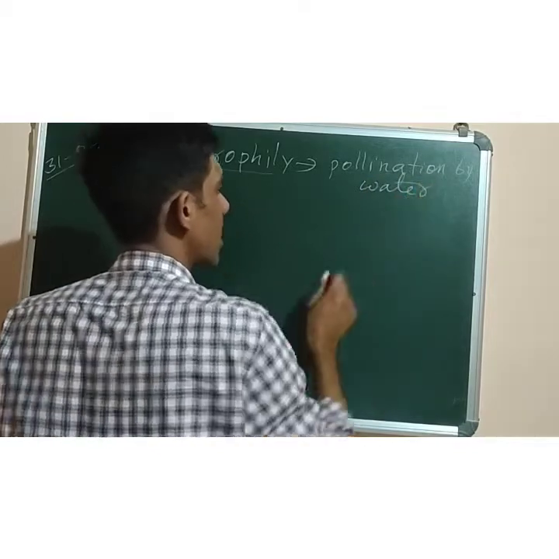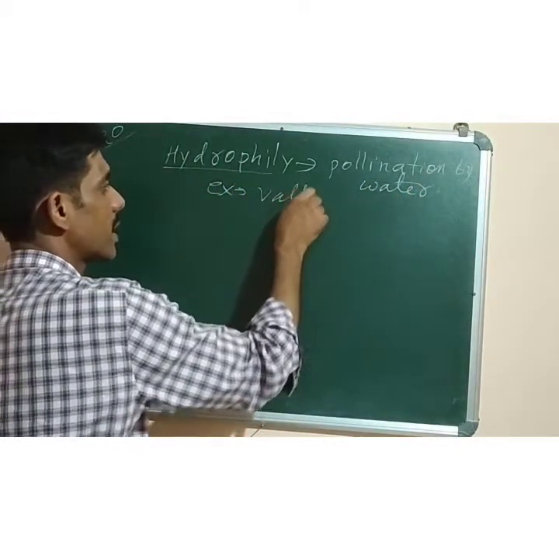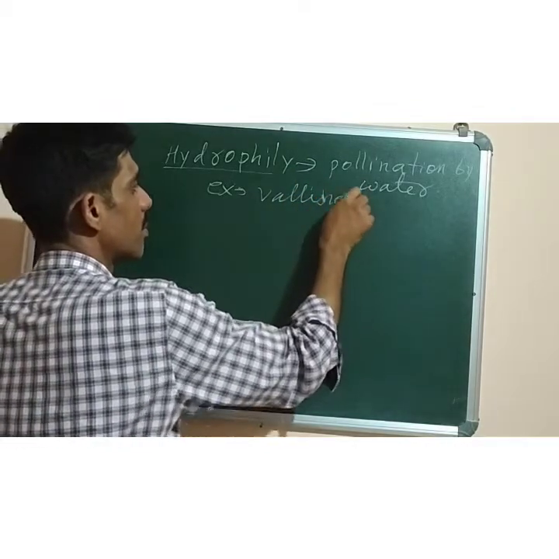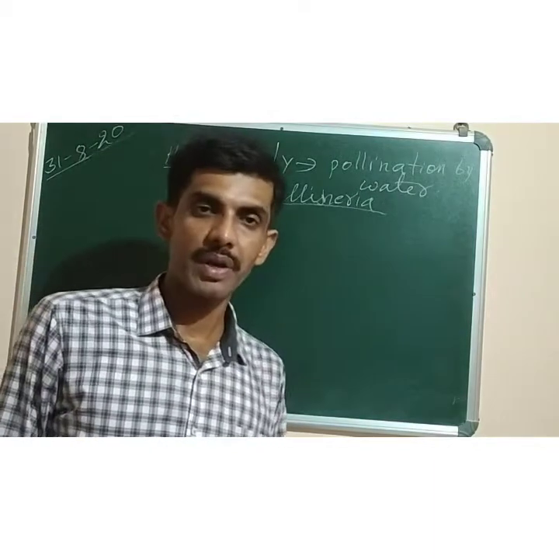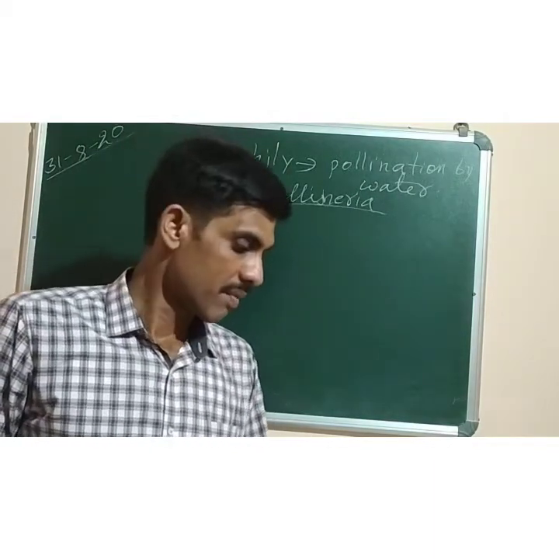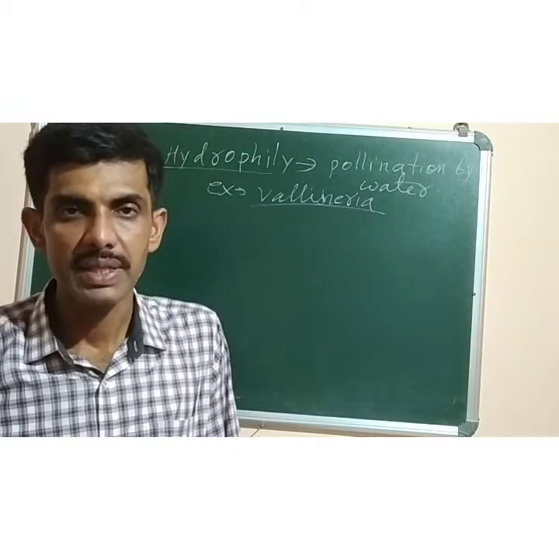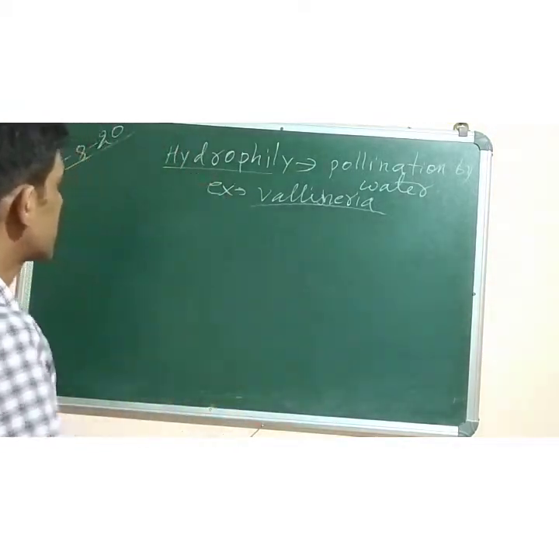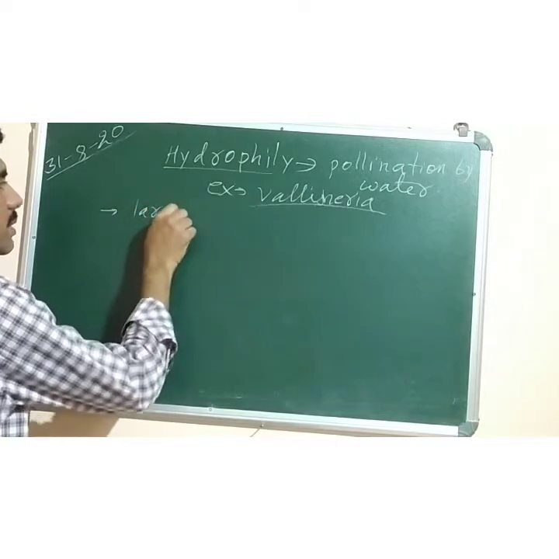Alright. Now, example you can write Vallisneria, and then we'll study the characteristics of such water pollinated flowers. Number one, Vallisneria, they produce large number of pollen grains. The characteristics of hydrophilous flowers are large number of pollen grains.